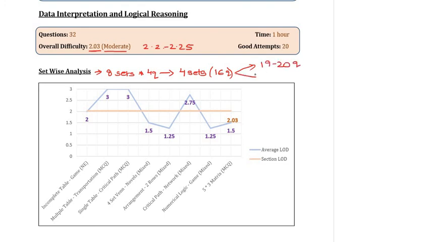If it is tougher, it can be satisfied at even 12 to 13 questions. So on the whole, anything between 3 to 5 sets would be a reasonably good performance, with 4 sets being the benchmark number. So the objective of a DILR analysis for CAT would be first to identify the 4 sets that we should have tried in the exam.